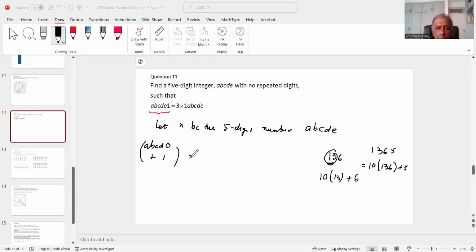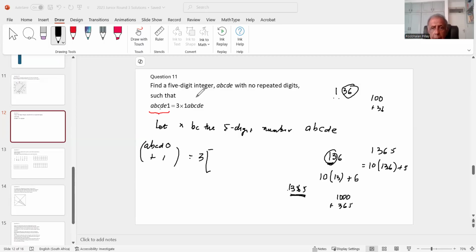This is the first number. It is equal to 3 times. Now what about this? This one is a little bit trickier because you've got a 1 in the front. So this time, that's your number, with 1 in the front. What is it? This is actually 100 plus 36, 136. And if I had 1365, and that is my x, with 1 in the front, it's 1000 plus 365.